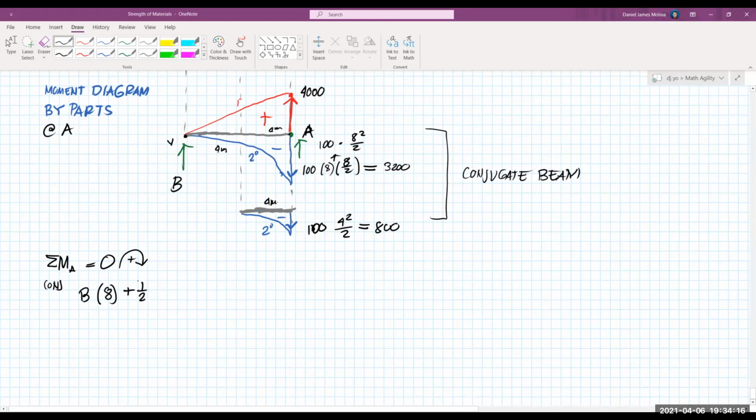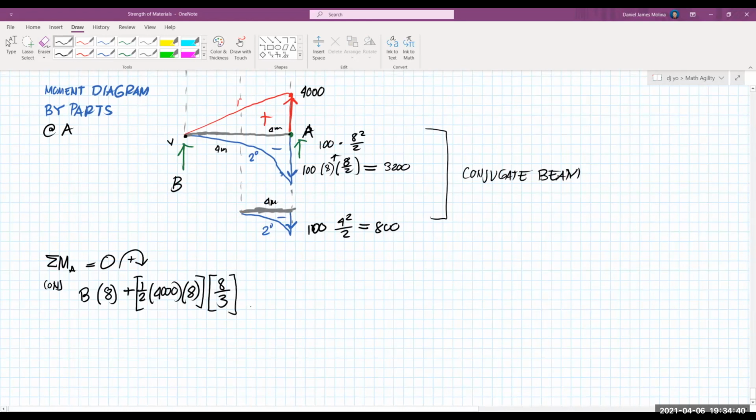So we have one half times 4,000 times 8. This is the area of the load, times its lever arm, which is actually 8 over 3. That's one third of the length since it's a triangle.